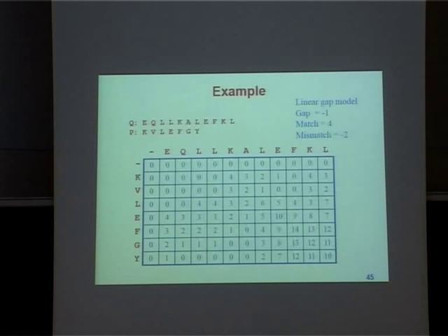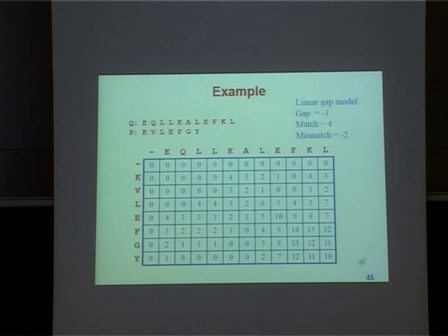Okay. After we look at this table, we look for the maximum entry in this table, which is 14 here. Okay. So it says that my local alignment ends after aligning this F with this F. So I ignore the last two amino acids of both sequences, GY and KL.